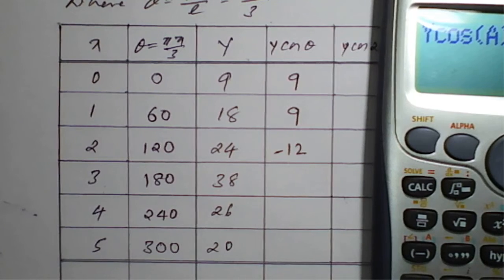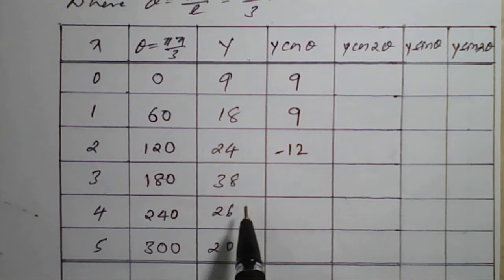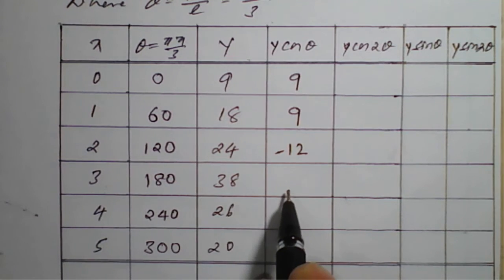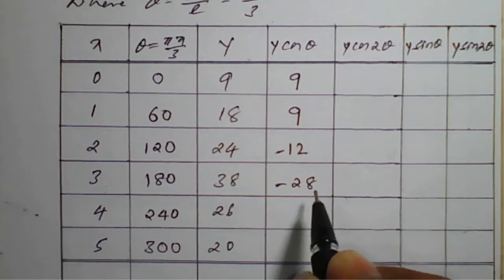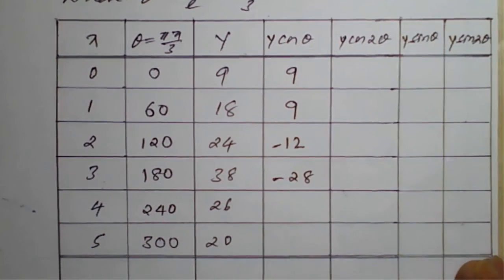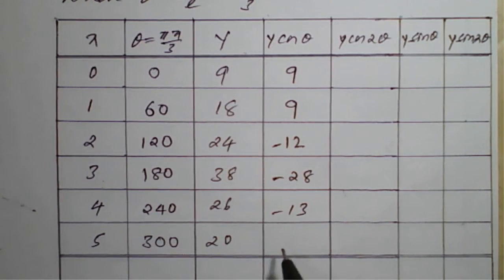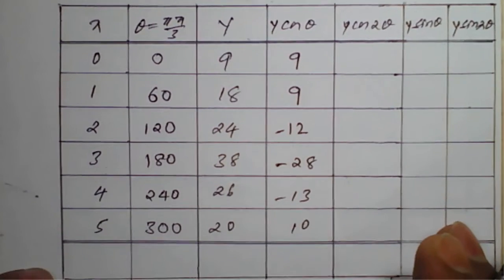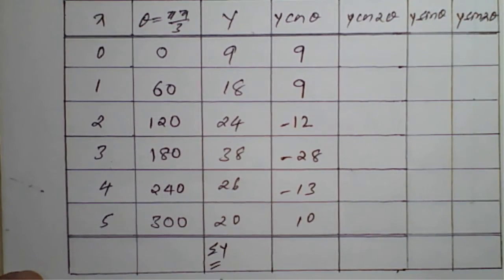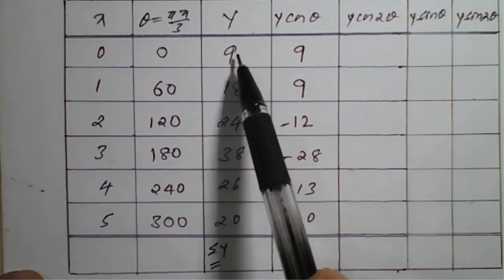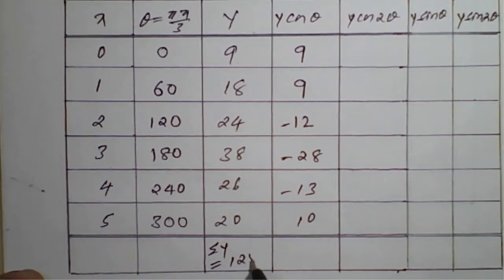So similarly we need to calculate all the remaining values of y cos theta with respect to y and theta. The next value is minus 12, next is 28, if you calculate, then minus 13 and 10. We need the summation of y. If you add all these, 9, 18, 24, 38, 26, 20, we get 125.